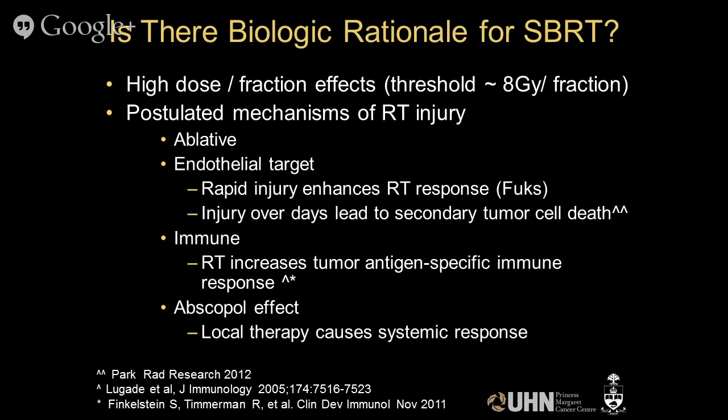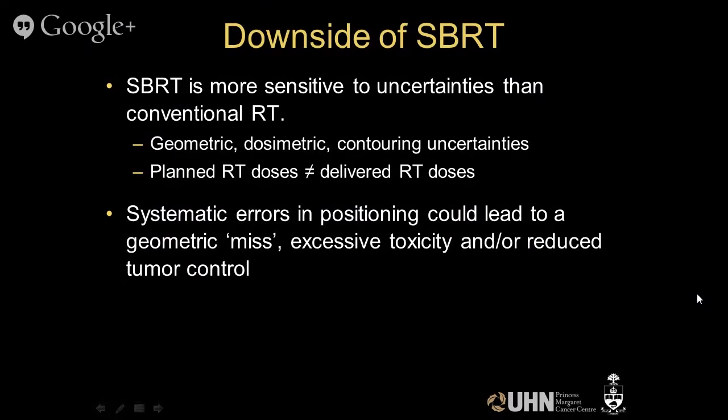Immune phenomena are seen, again more likely with a high dose per fraction, and all of this could lead to not only local control but potentially the abscopal effect, where distant disease outside the radiation field could in fact have a response even with a local therapy. So it's a very exciting area of research. There are some downsides of SBRT.